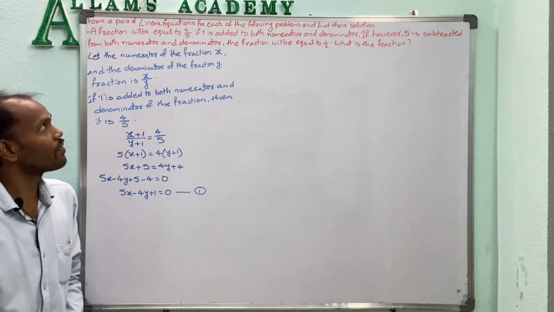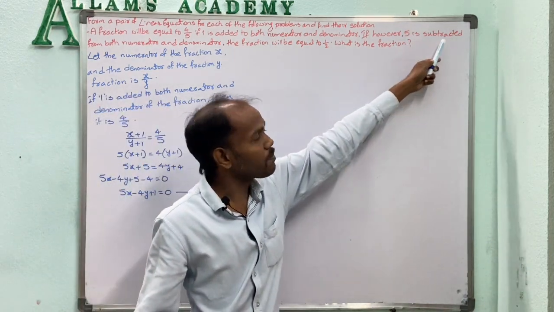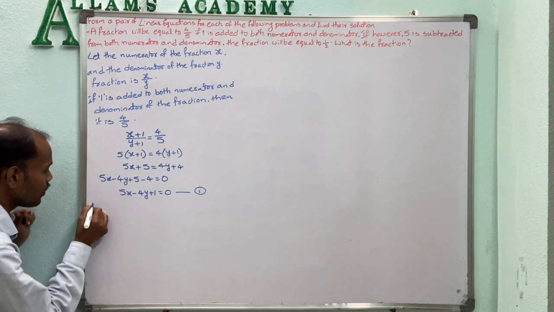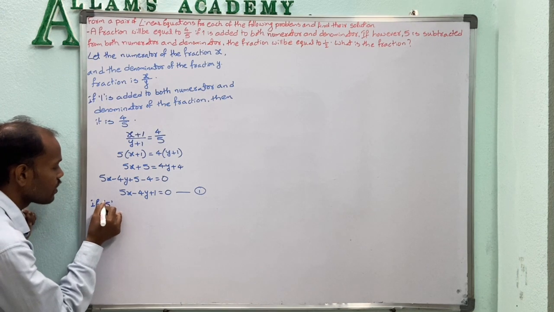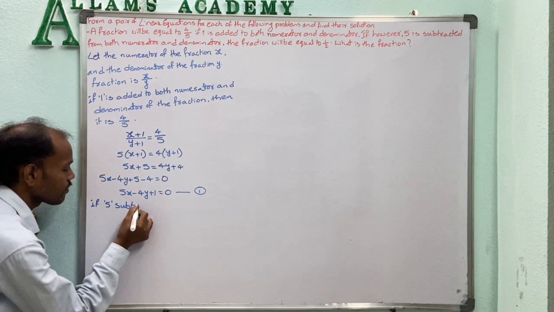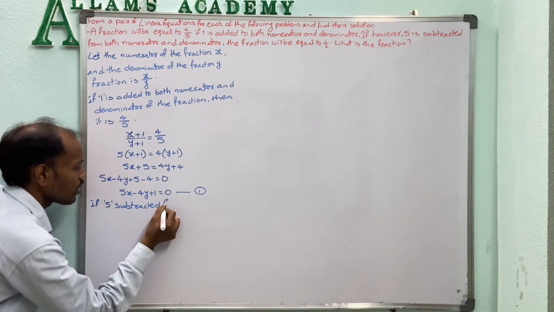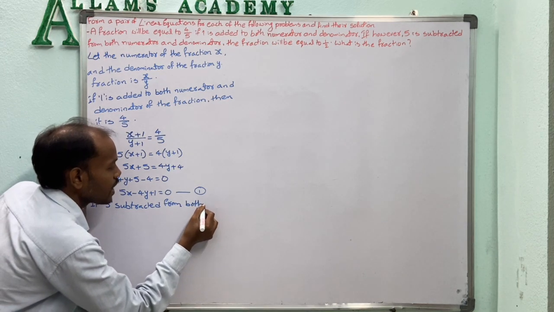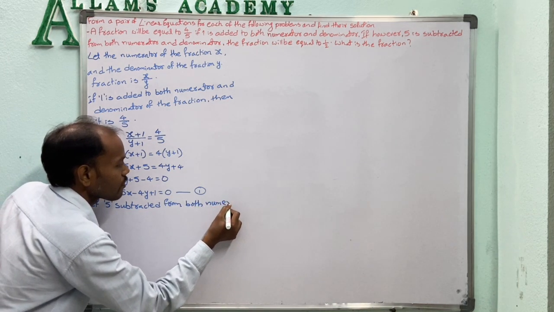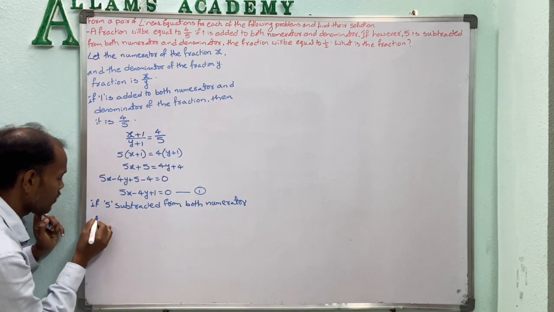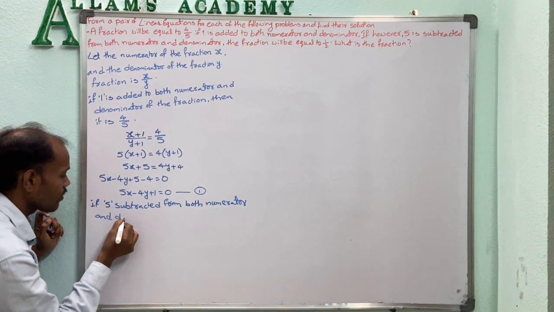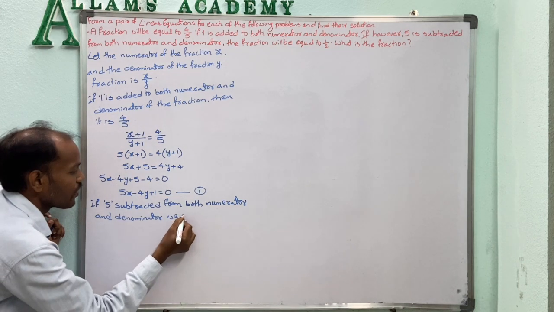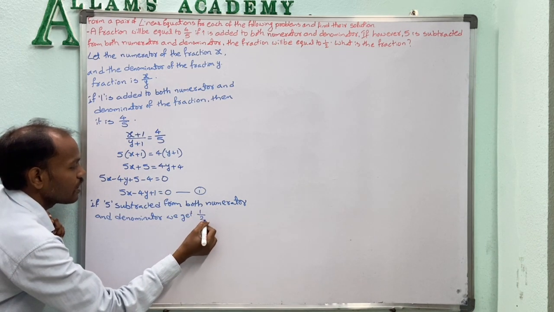Now the second statement given: if 5 is subtracted from both numerator and denominator, we get 1 by 2. So if 5 is subtracted from both numerator and denominator, we get 1 by 2.